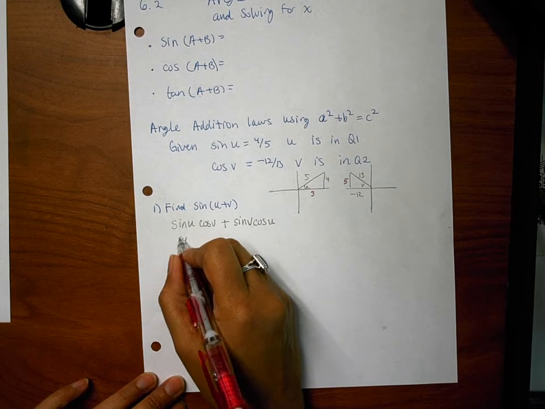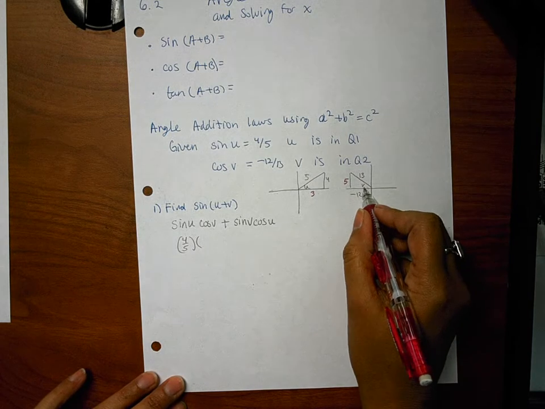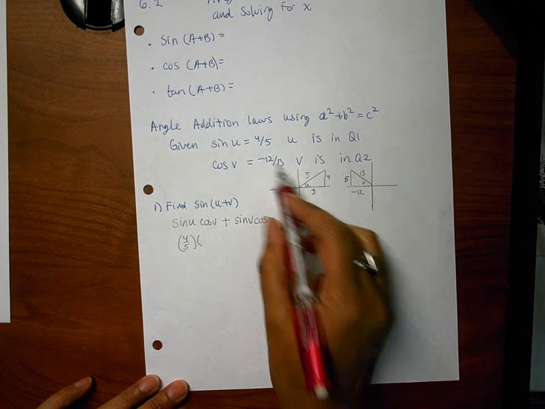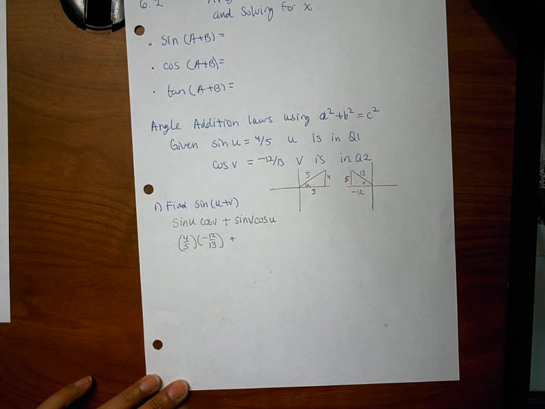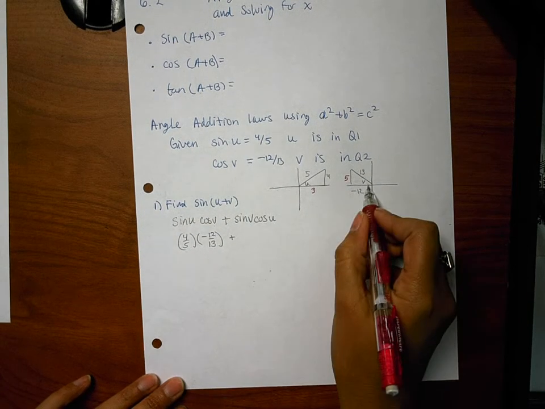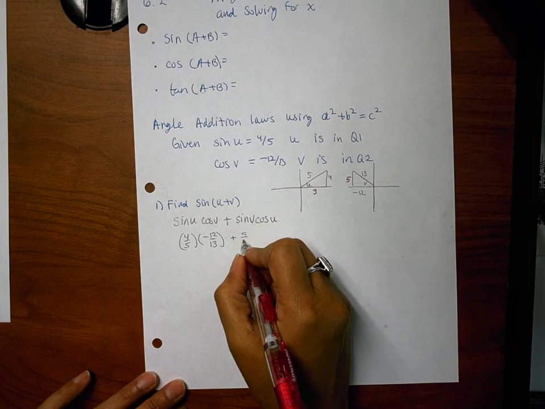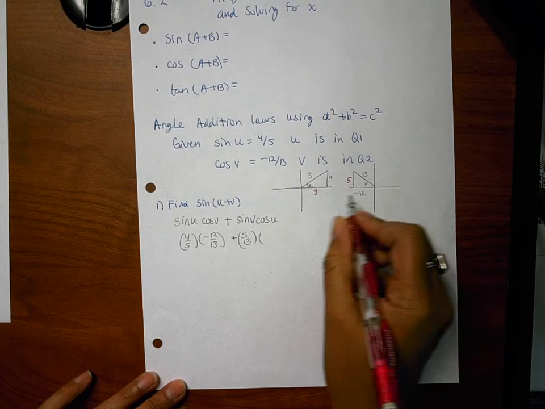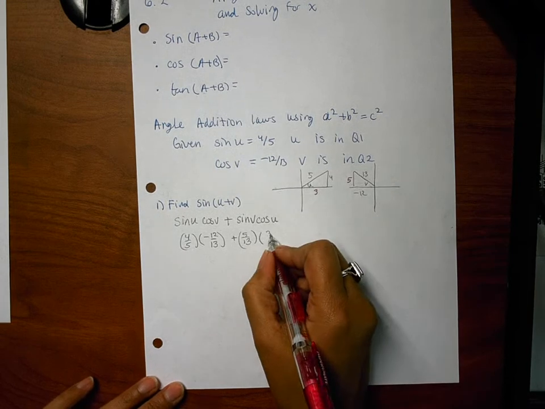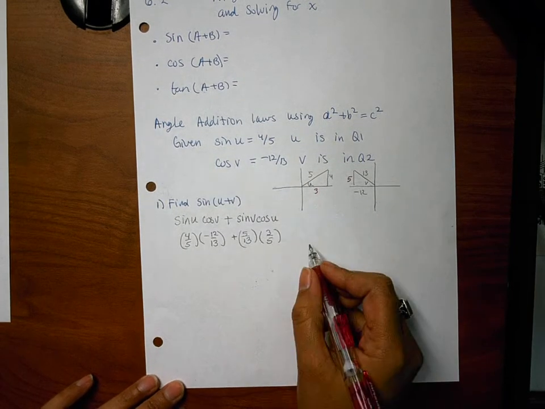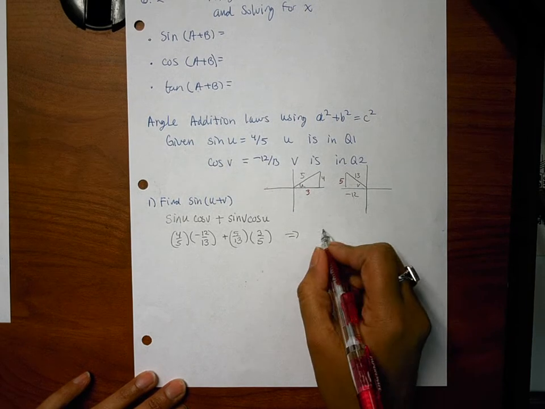Okay, sine of u is 4/5, and I'm just using my picture. Cosine of v is -12/13. That was kind of already given to us anyway. Plus sine of v. Sine is opposite over hypotenuse, so 5/13, times cosine of u, adjacent over hypotenuse, 3/5.